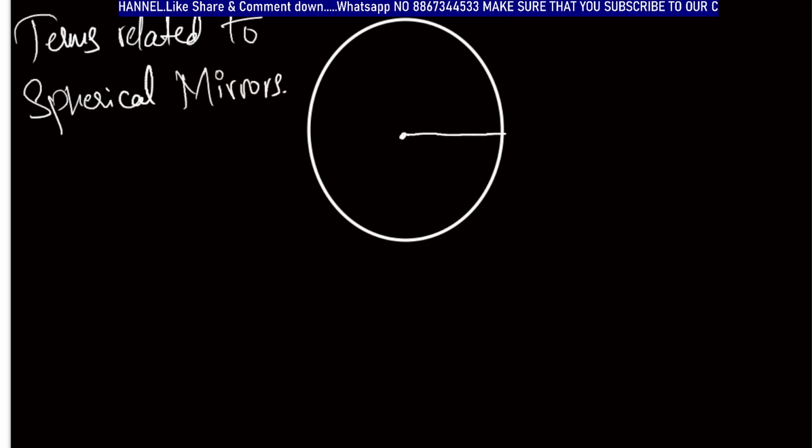Okay, so this is a hollow sphere. What does the spherical mirror mean? The reflecting surface of the mirror is always part of the hollow sphere. So let us consider any one of the mirrors that we have known. Let us consider a concave mirror. So this will be the reflecting surface, away from the center of the sphere.